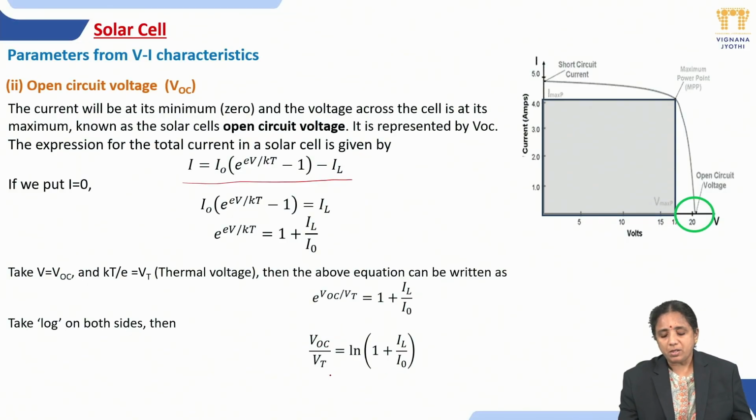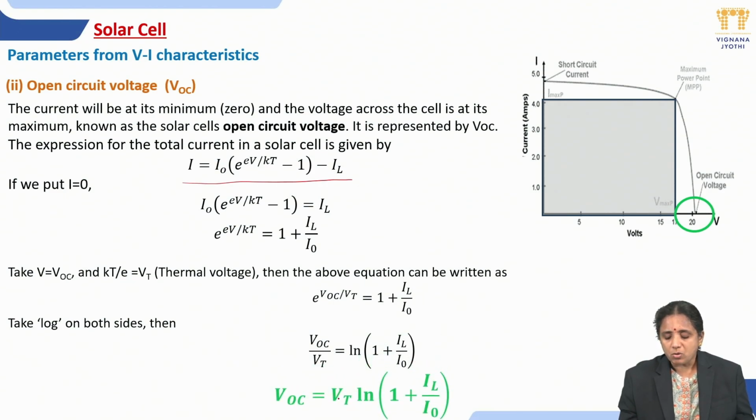So the open circuit voltage, with respect to VT, which is the thermal voltage, is VT times log of 1 plus IL by I naught. So the open circuit voltage can be calculated using these terms: VT, the thermal voltage, and log of 1 plus IL by I naught. So this value can be estimated.